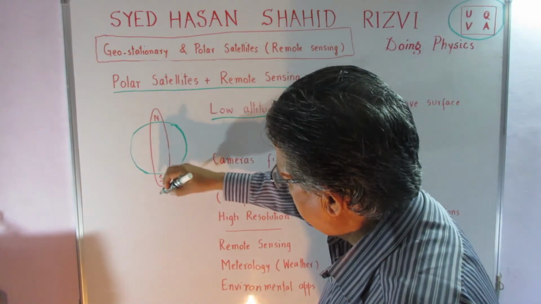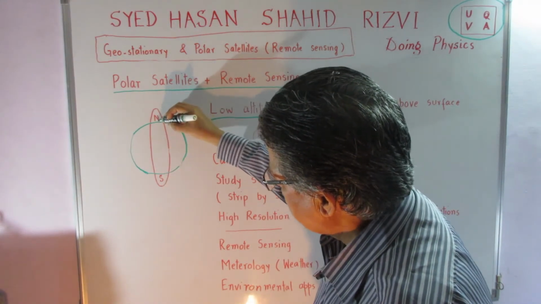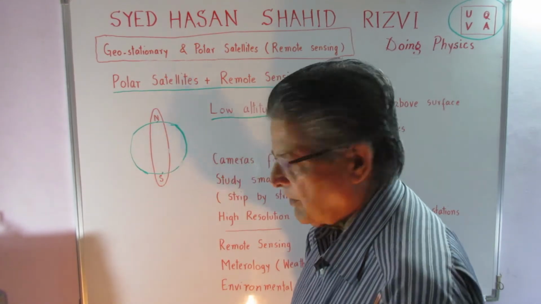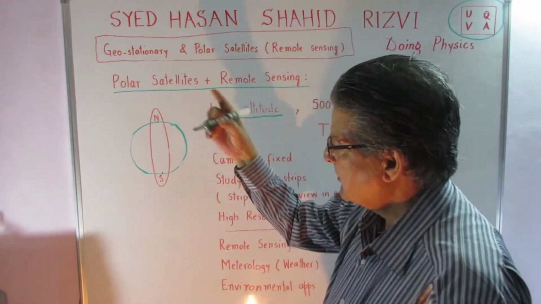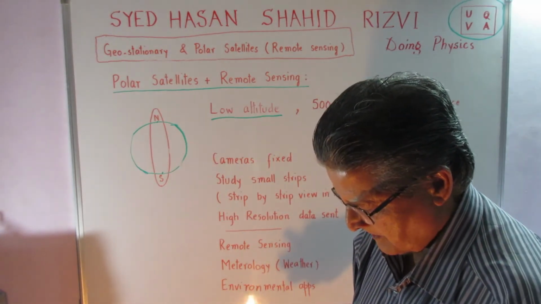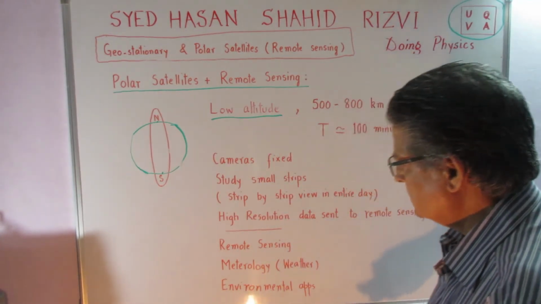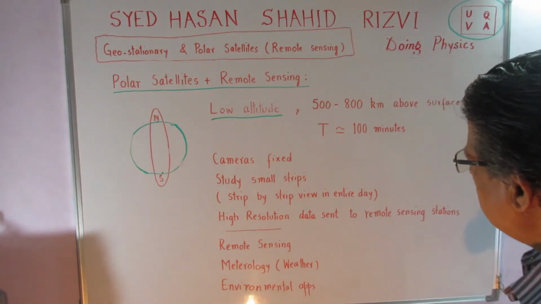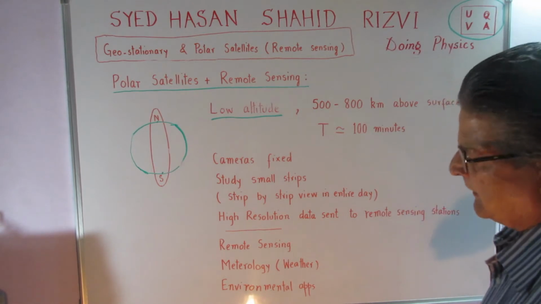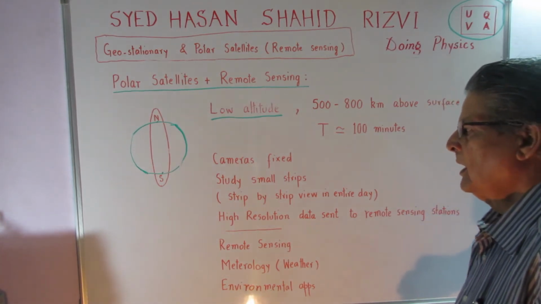As shown here, this is the plane in which this is the north pole and this is the south pole of the earth, and about that these satellites travel, and they make many trips in a single day, 24 hours.